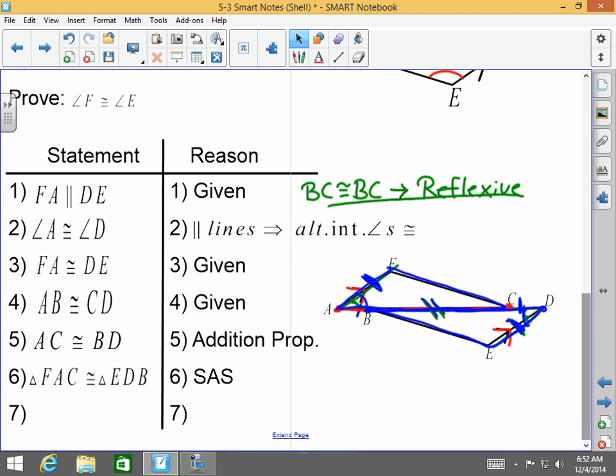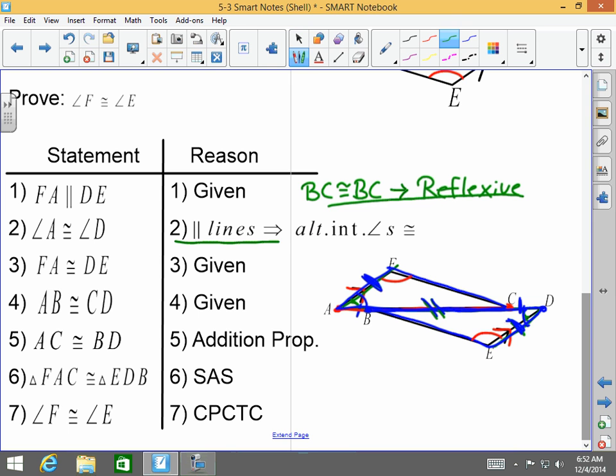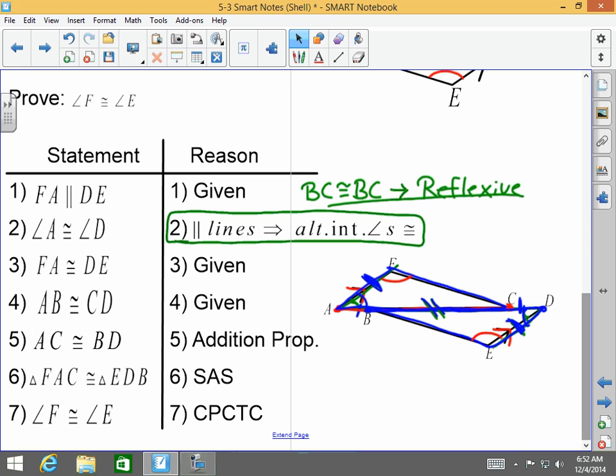And then we can easily state that angle F is congruent to angle E, the proof, because of CPCTC. Pretty simple. But it all started with this alternate interior angle theorem. So please look for the Z's, the F's, and the U's. It's going to help you out a lot.